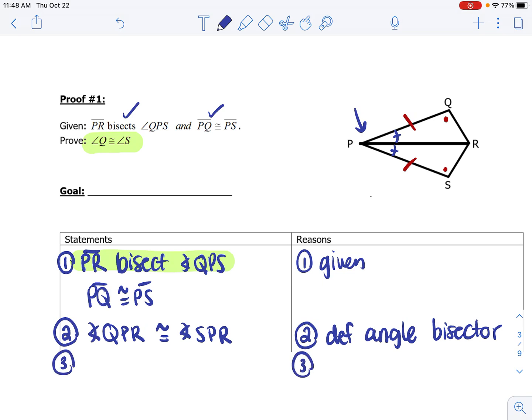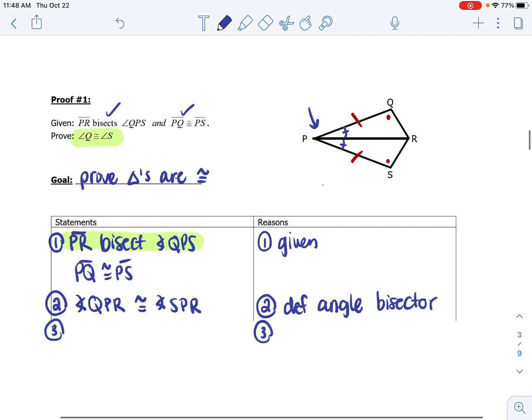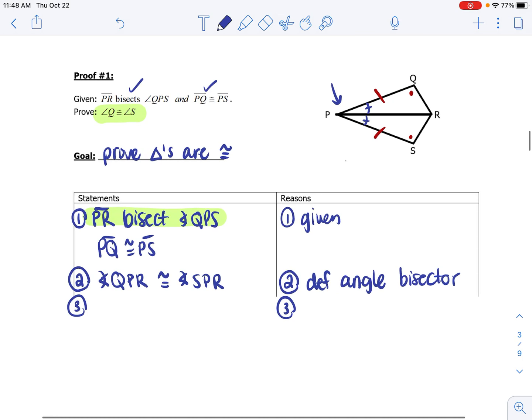So if we look at this, our goal is to prove two triangles congruent. Our goal is to prove that the triangles are congruent, right? That's what we're going to do first. So how can we prove that these two triangles are congruent? What do you recognize?